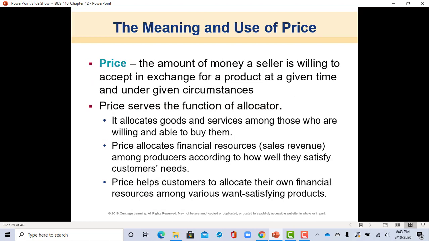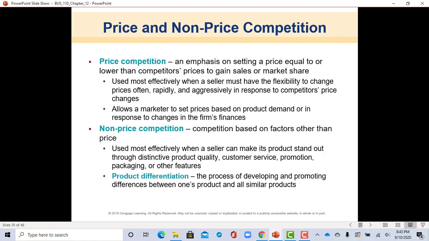Each product has a price at which consumers' desires and expectations are balanced with a firm's need to make a profit. Before a product's price can be set, an organization must determine whether it will compete based on price alone or on a combination of factors.